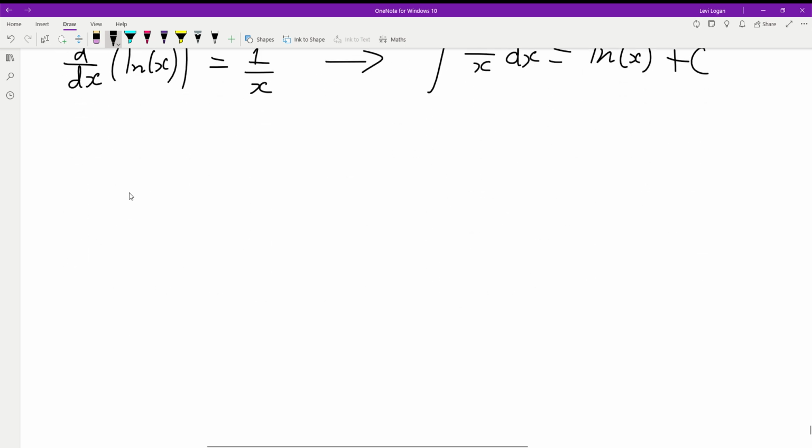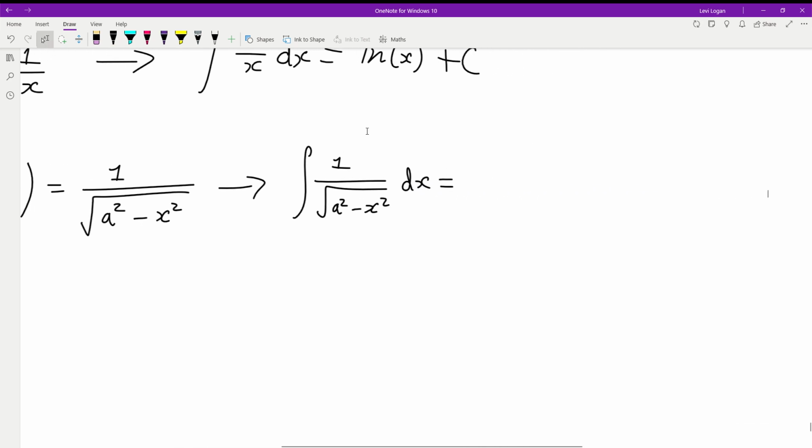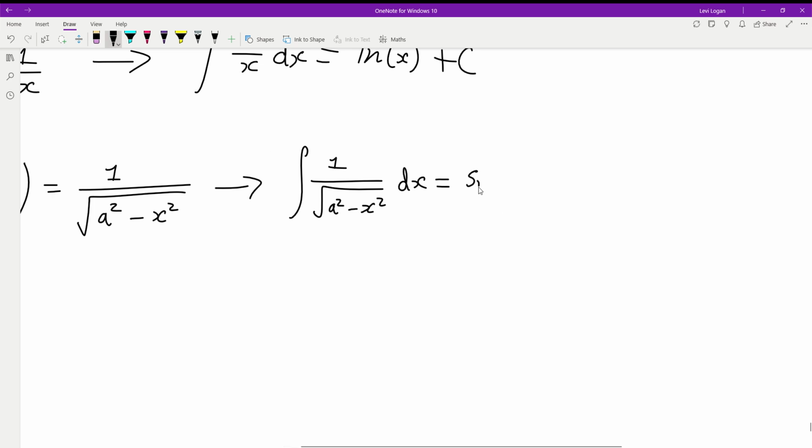Oh yeah, if the derivative of sine inverse of x on a gives you 1 on the square root of a squared minus x squared, that implies the integral of 1 on the square root of a squared minus x squared dx is going to be sine inverse x on a plus c.